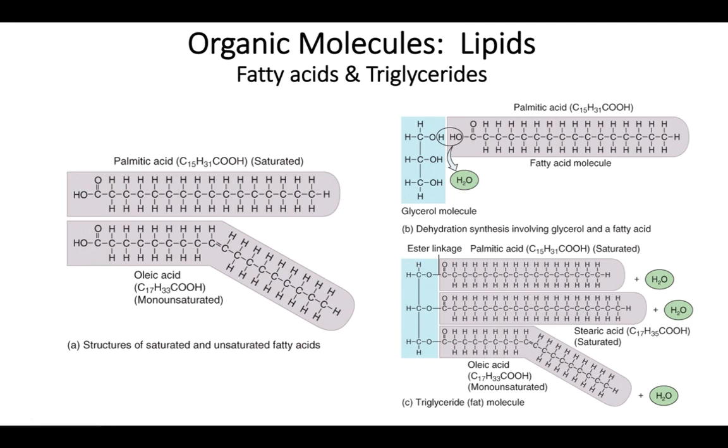In fact, you can tell if it's got a lot of unsaturated fats because it's going to stay liquid at room temperature. If you've got a lot of saturated fat, it solidifies at room temperature. So bacon grease is going to solidify because it's loaded with saturated fats. Olive oil is liquid at room temperature because olive oil has a lot of unsaturated fats.